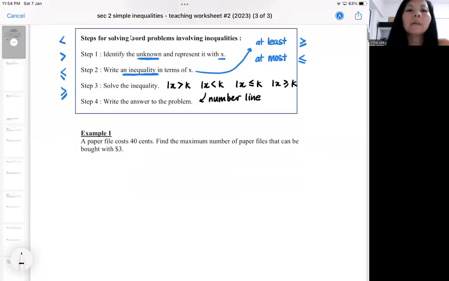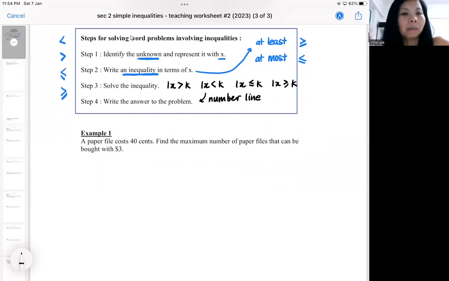For example, if you look at example 1, there's a very, very simple one. A paper file costs 40 cents. Find the maximum number of files that can be bought with $3. Actually, in this question, you don't even need an inequality. You can just think about it mentally. You got $3, you go to Popular, you try to buy a file at 40 cents.